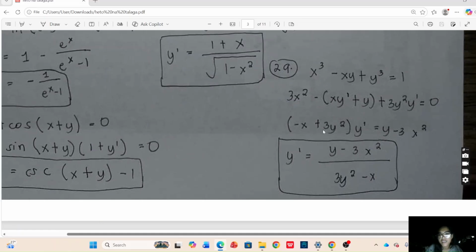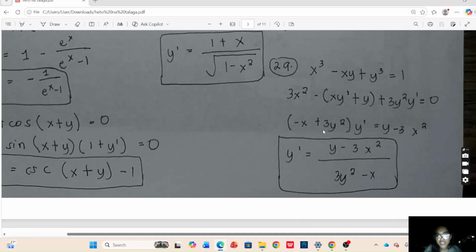So we have x cube minus xy plus y cube is equal to 1. So in this case, we have to apply the implicit differentiation.